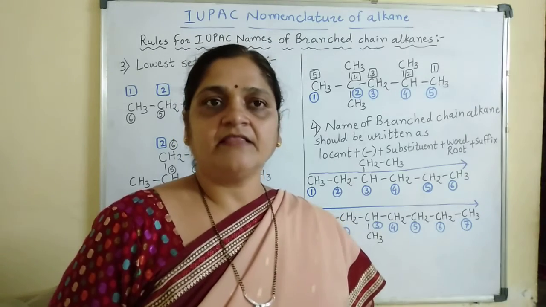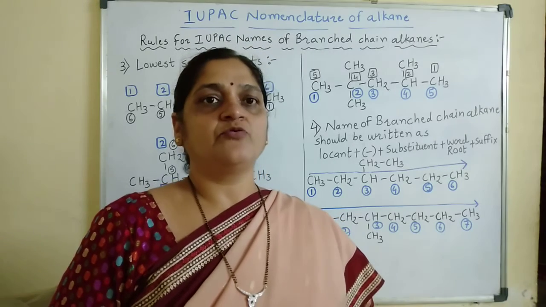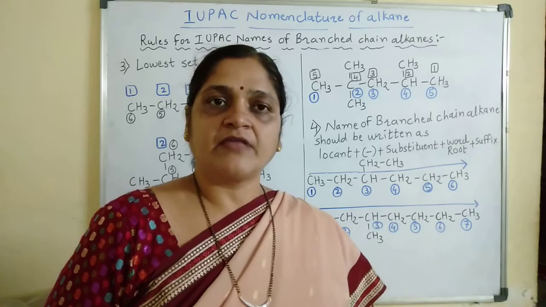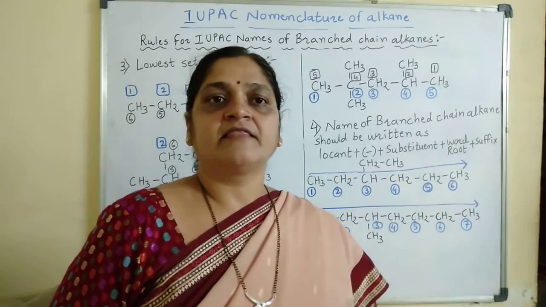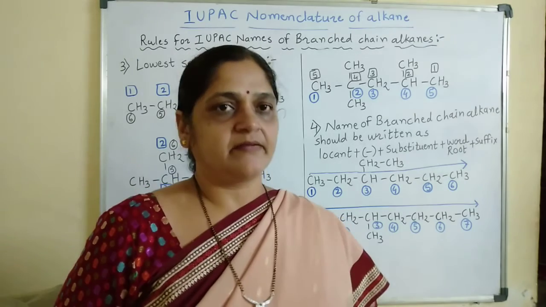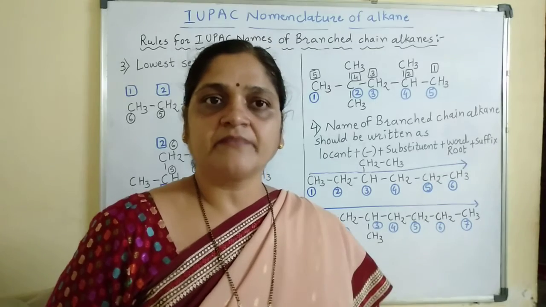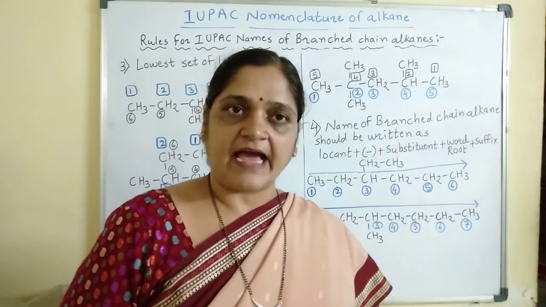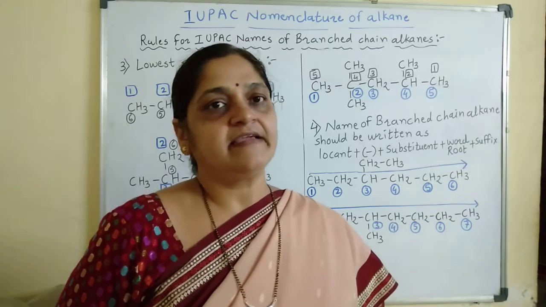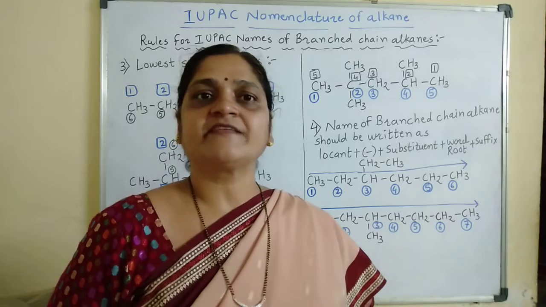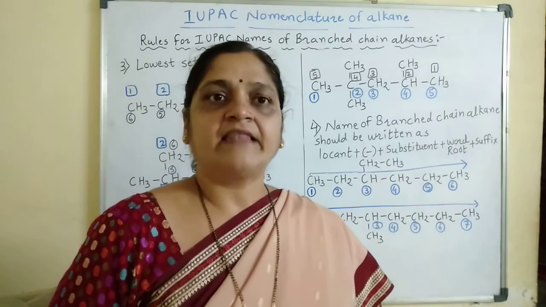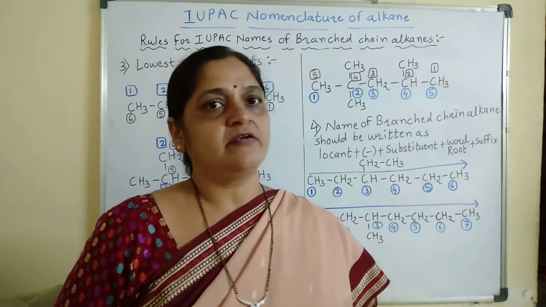After selecting the longest continuous chain, you are going to number it so that you get an idea of how many carbon atoms are present in it. Number the carbon atoms in the chain in such a way that the substituent-carrying carbon atoms get the lowest possible number, and that is known as the lowest locant rule.